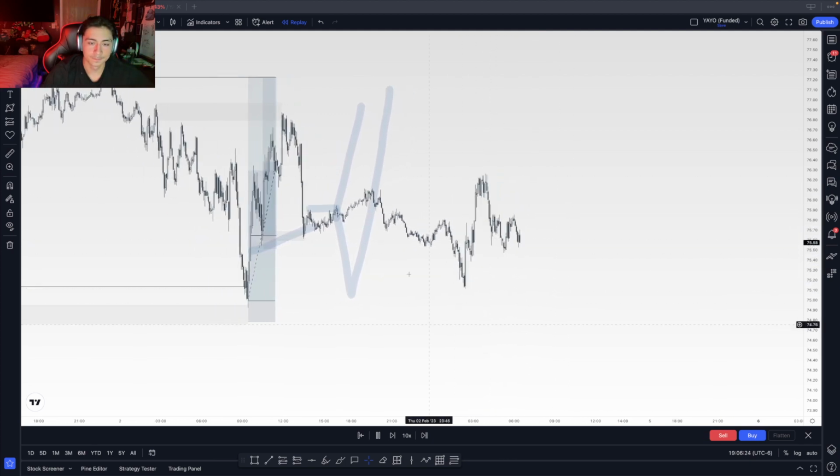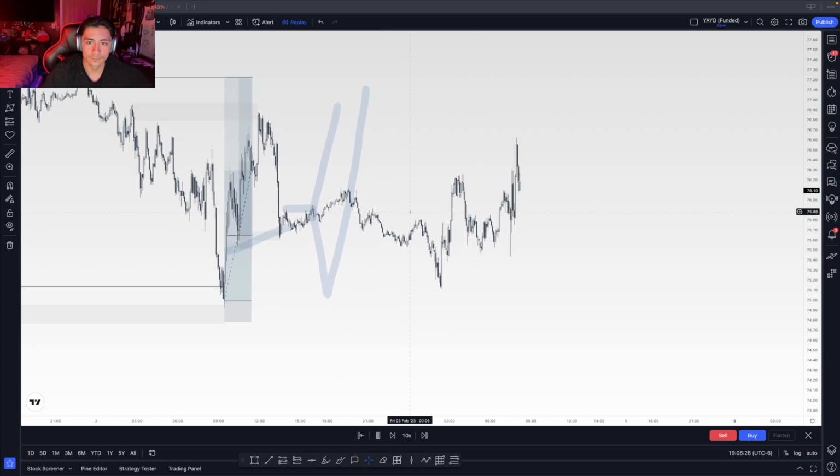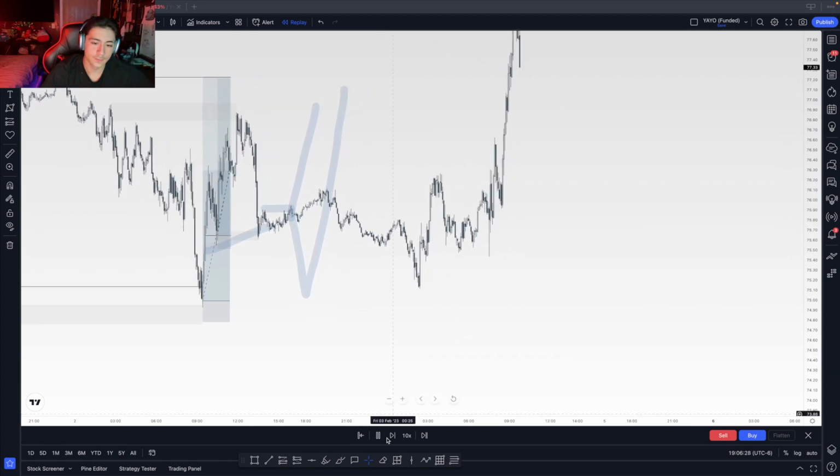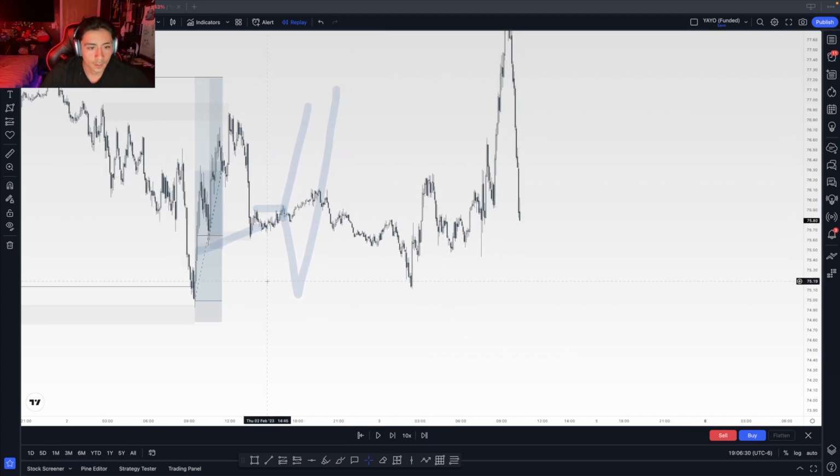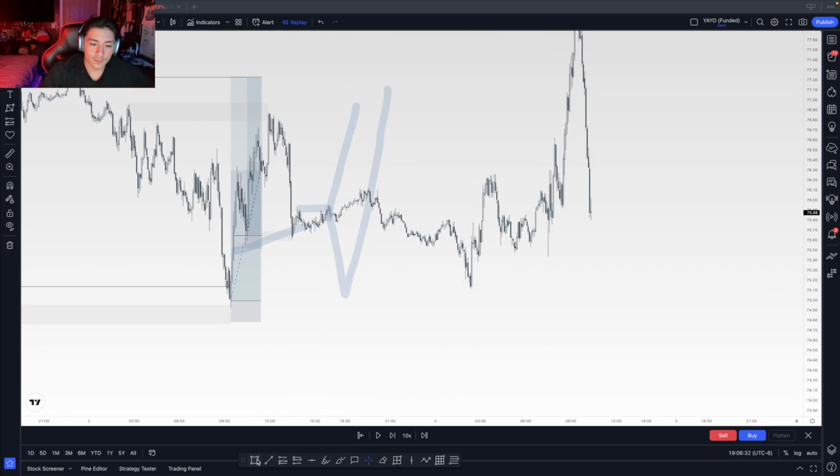Then you get a push up. It's ultimately clear the target. The reason why you came all the way down here is because we had areas to offload into that were insufficient. And the reason why we could have held here, or had some sort of reaction here, is because we had order flow that was still sufficient.